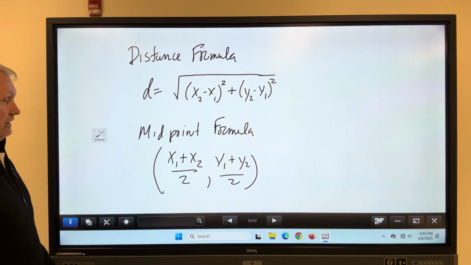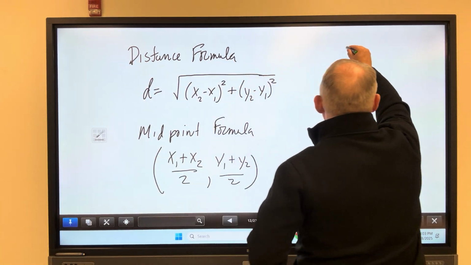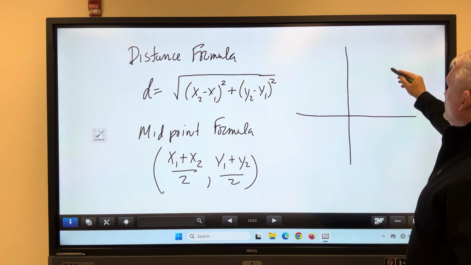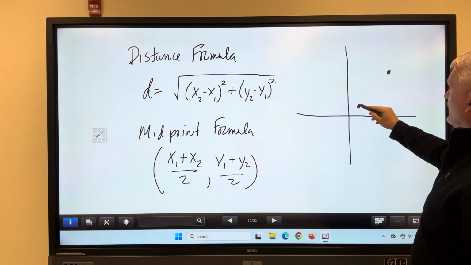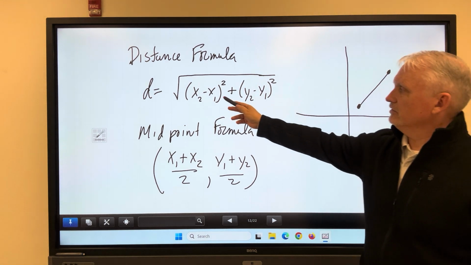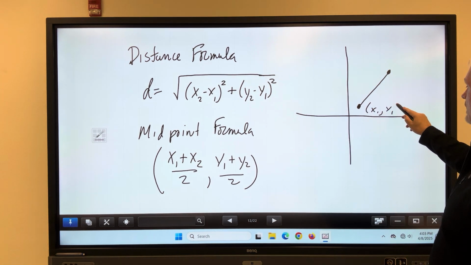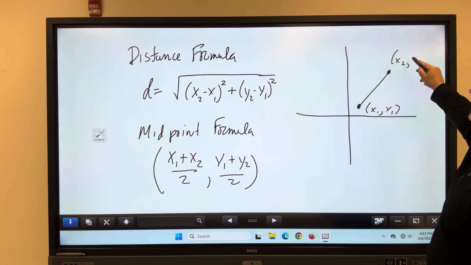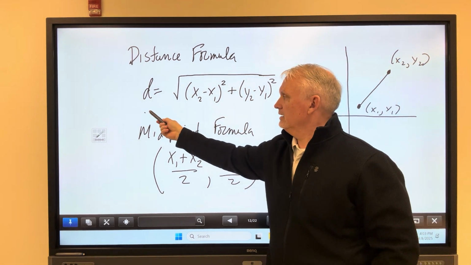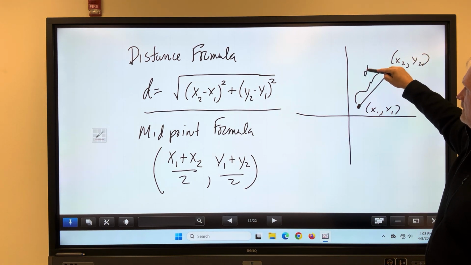Next, the distance formula. That's if I have a graph, and I said, hey, by the way, I've got 2 points here, and I want to know the distance in between them. I use this distance formula because both of these points, x1, y1 and x2, y2, are 2 points that I can put into the distance formula to find out what this distance is.